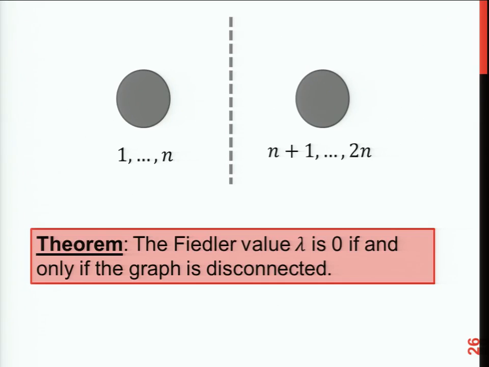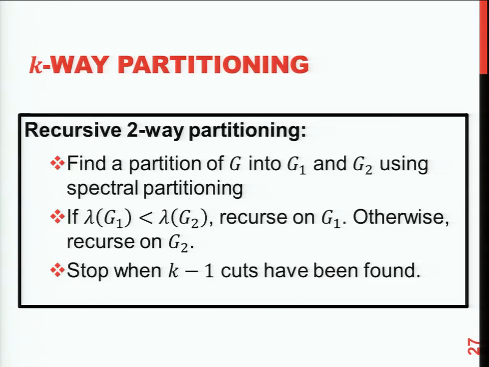So this basically finishes our discussion of the two-way partitioning problem. Let's look at the higher order partitioning problem. Let's say we have the k-way partitioning problem. We are trying to disconnect the graph, to find k parts of the graph, so that the conductances of each of the cuts are as small as possible. This is a natural generalization of the two-way partitioning problem.